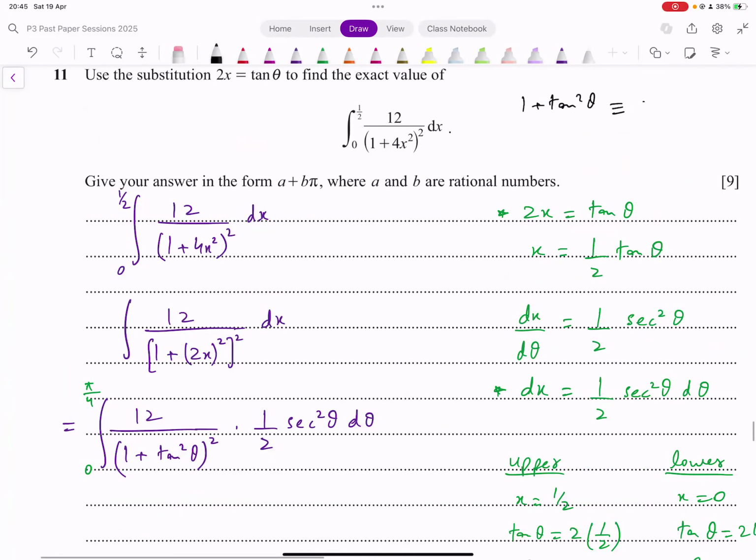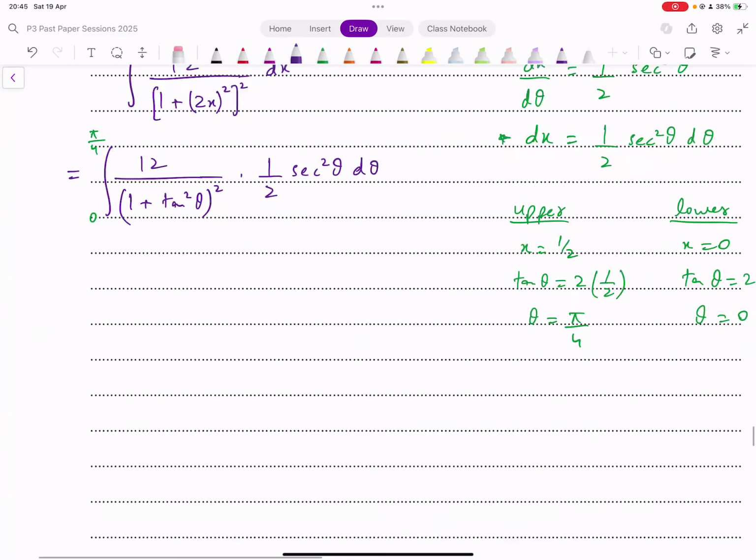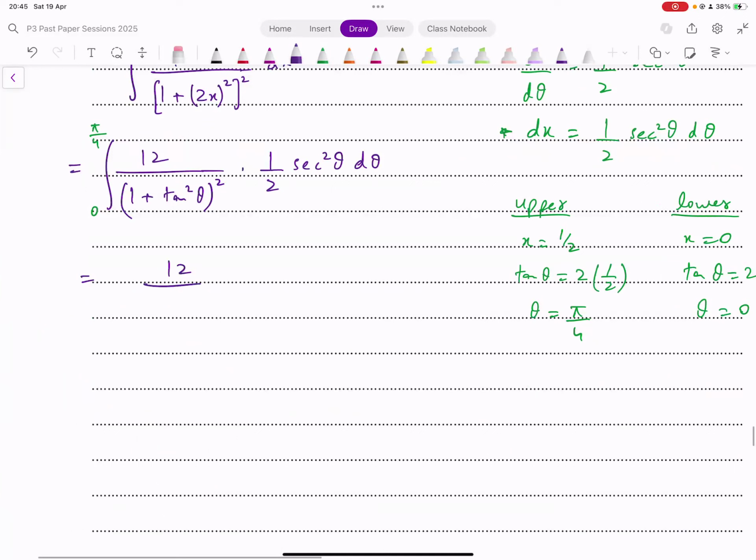So let's replace it with that. In the denominator, we can do some cancellation first. 12 gets cancelled with the 2, and we're left with just 6 here. So that ends up giving us 6 over secant square theta whole squared.